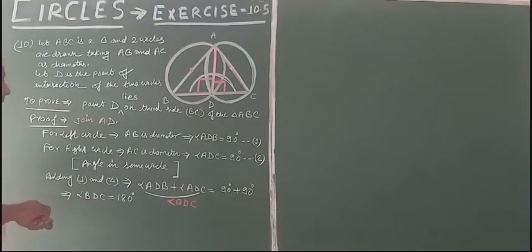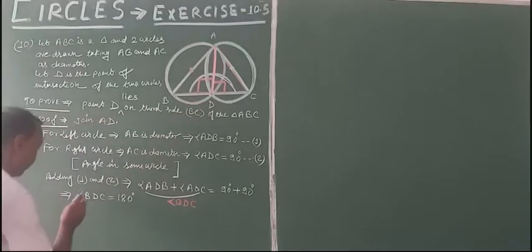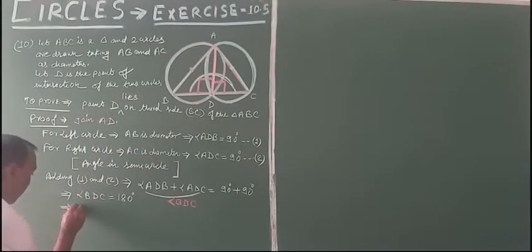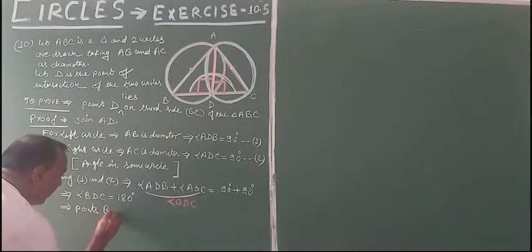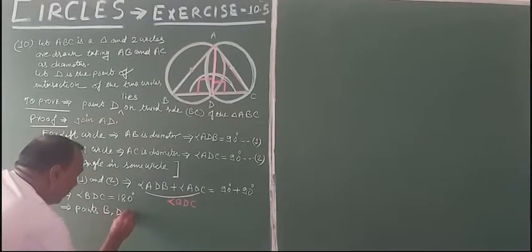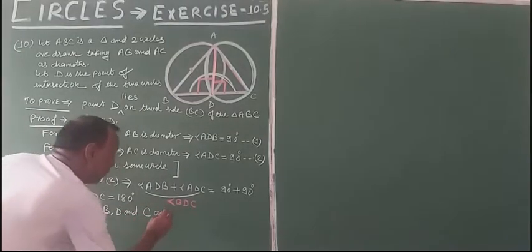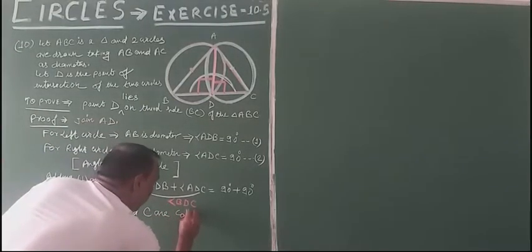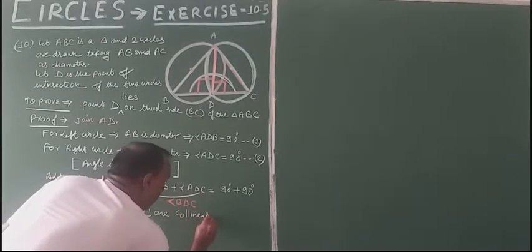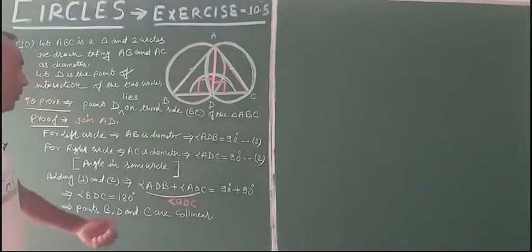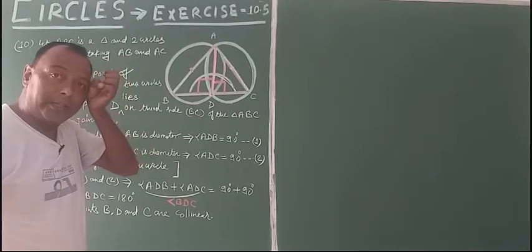It means the points B, D and C are collinear. It means they are in a straight line.